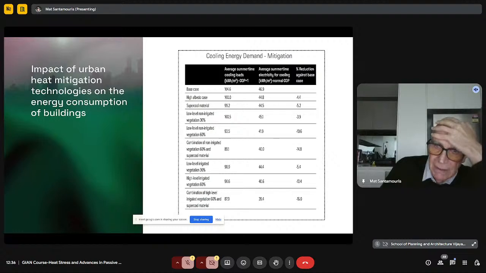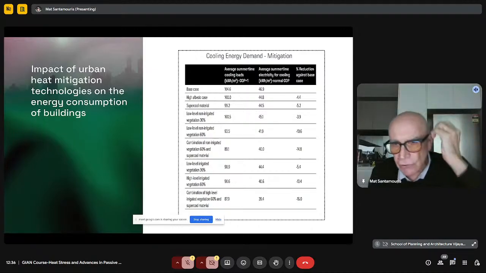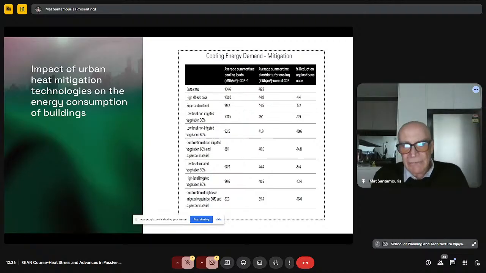And when we have a combination of irrigated greenery and supercool materials, we may decrease the energy consumption by 16%. You may say that 16% is not so high. It is very high, because this refers to measures taken at the city scale, not at the building scale.